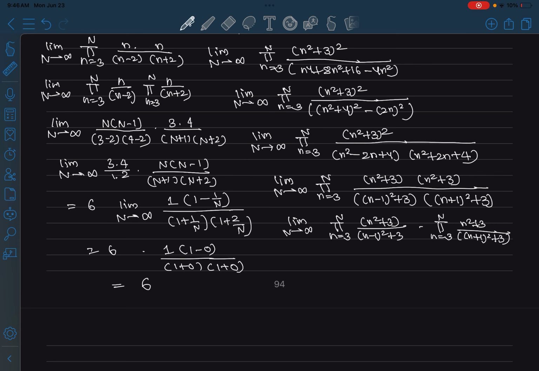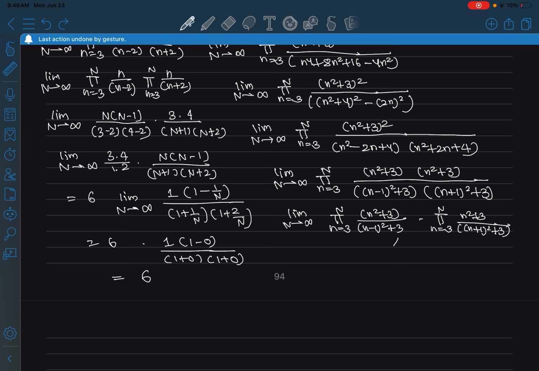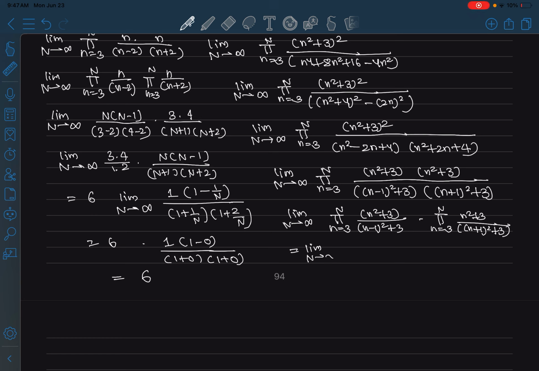Now what you're going to have is, in the first one, every next term in the denominator is going to cancel every previous term, right? So what you will just have is limit capital N goes to infinity, this capital N square plus 3, and in the denominator, the 3 minus 1 square plus 3, right? The first term won't get cancelled, and in the numerator, the last term won't get cancelled.